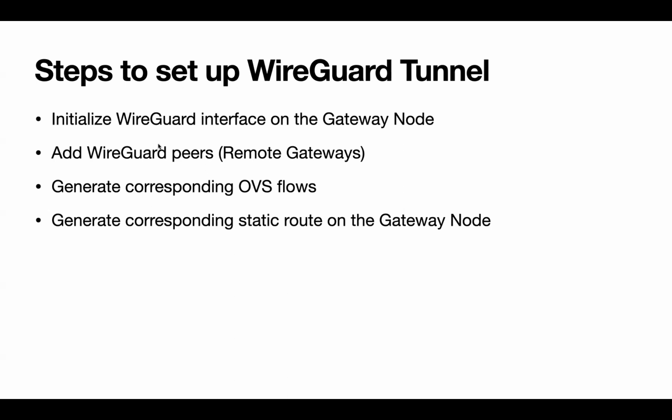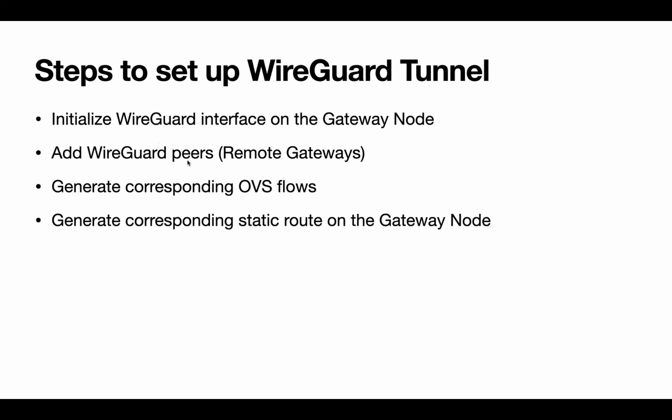It means that one gateway, one cluster info import. So we can consider that one gateway is one WireGuard peer. So the next step is to add WireGuard peers.